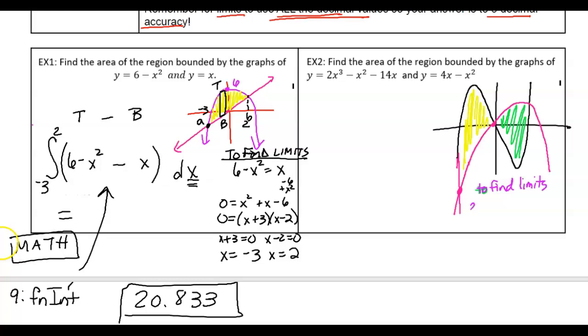So I've got 2x cubed minus x squared minus 14x equals 4x minus x squared. I'm going to move everything to the left. So I'm going to add x squared, so those cancel out. I'm going to subtract 4x. So factor out a 2x.